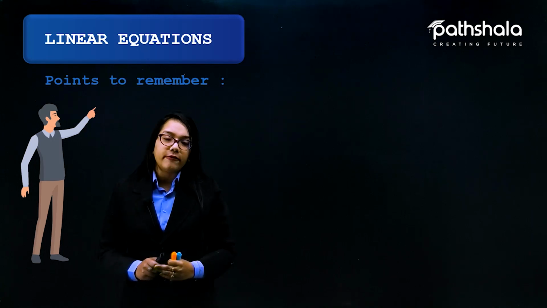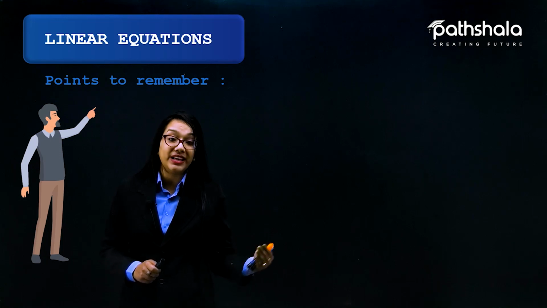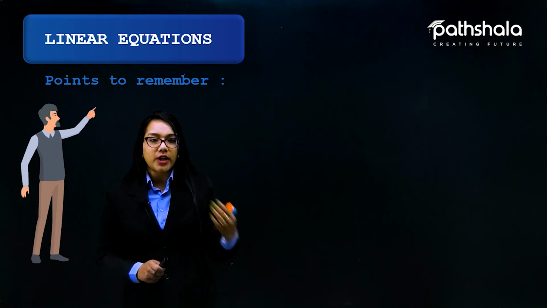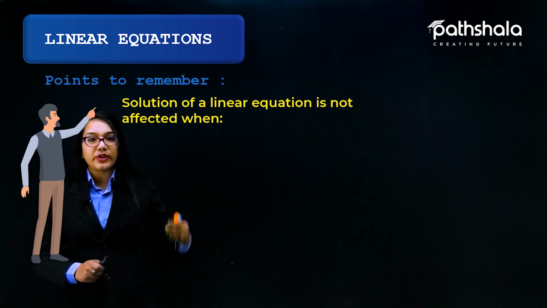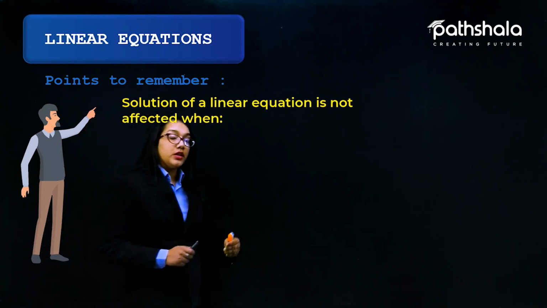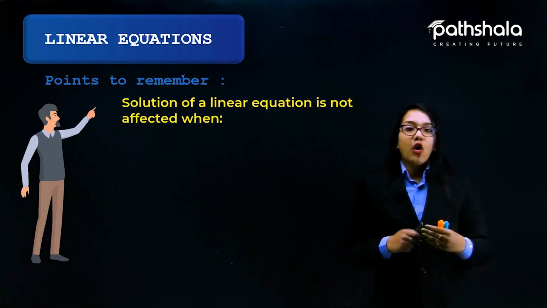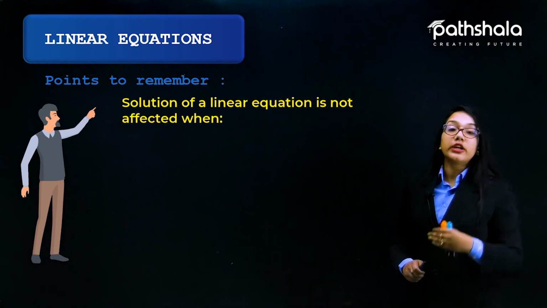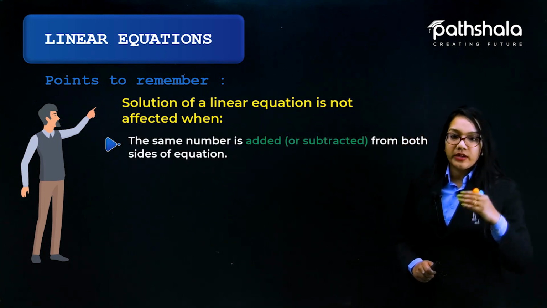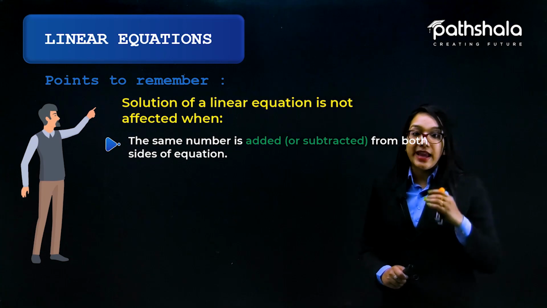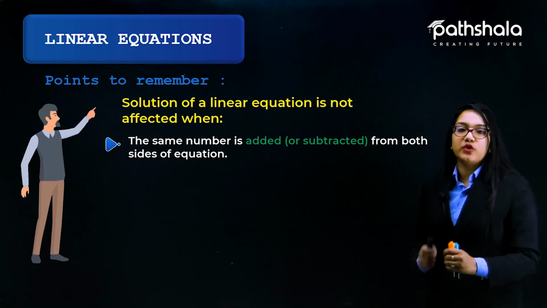Let us talk about some of the points to remember which are related to the linear equation in one variable. What are those points? It says that the solution, or we can say the root, of a linear equation is not affected at all when, the very first point, the same number is added or subtracted from both sides of the equation.